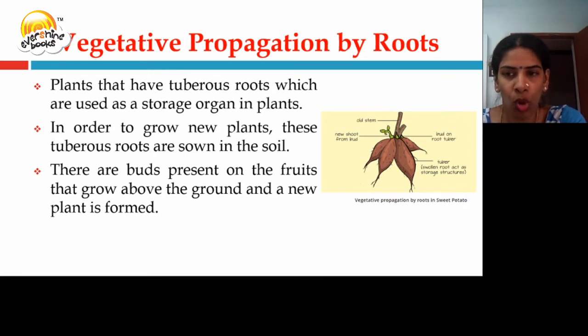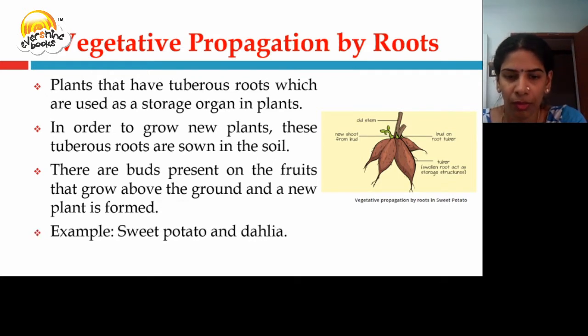You can see vegetative propagation by roots in sweet potato. The swollen root is known as a tuber. The buds which you see can develop into a new plant. Another example is dahlia.